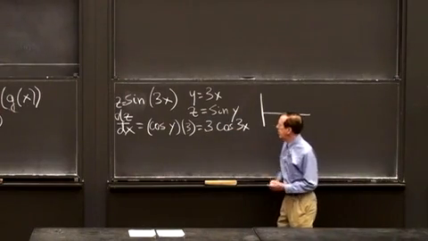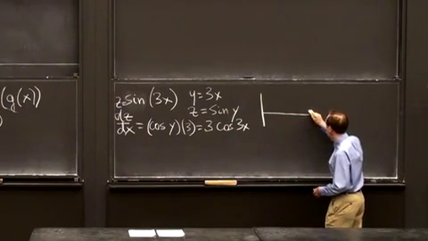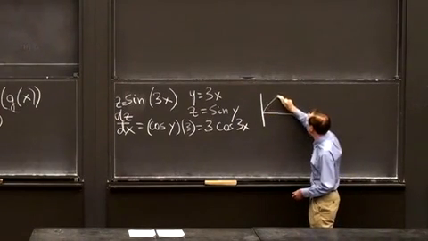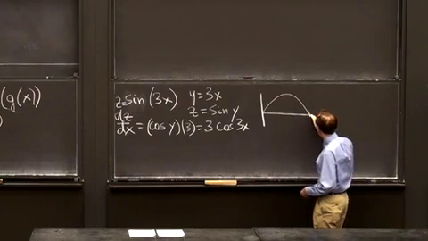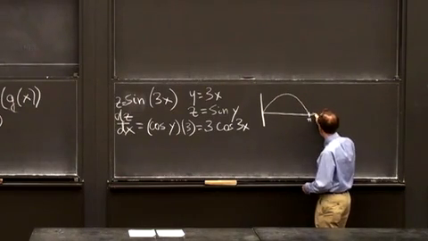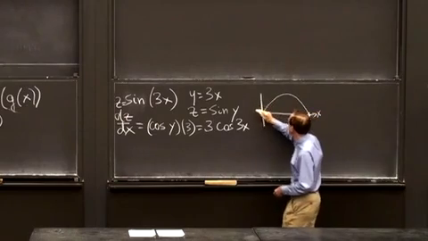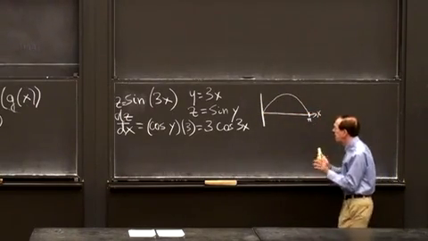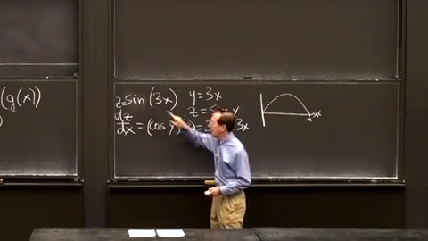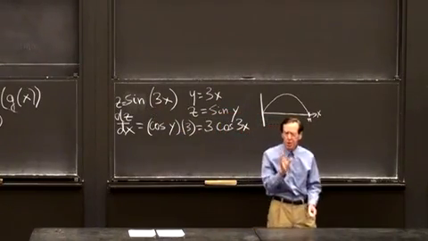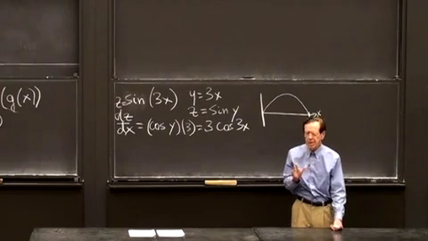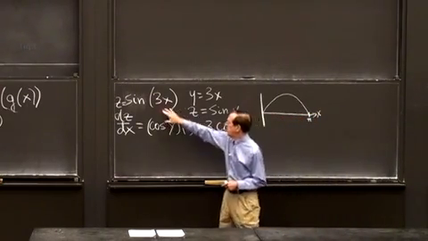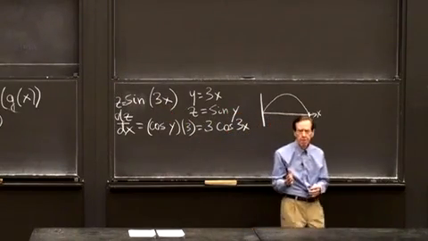If I draw a picture, I'll start with a little picture of sine x, maybe out to 180 degrees, pi. Here, this direction is now x. And this direction is going to be, well, there's the sine of x, but that's not my function. My function is sine of 3x, and it's worth realizing what's the difference? How does the graph change if I have 3x instead of x?